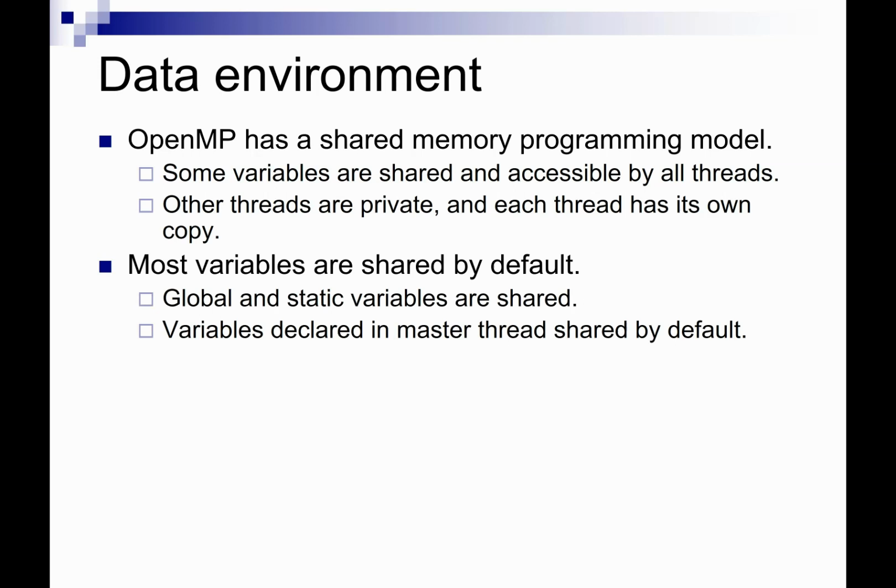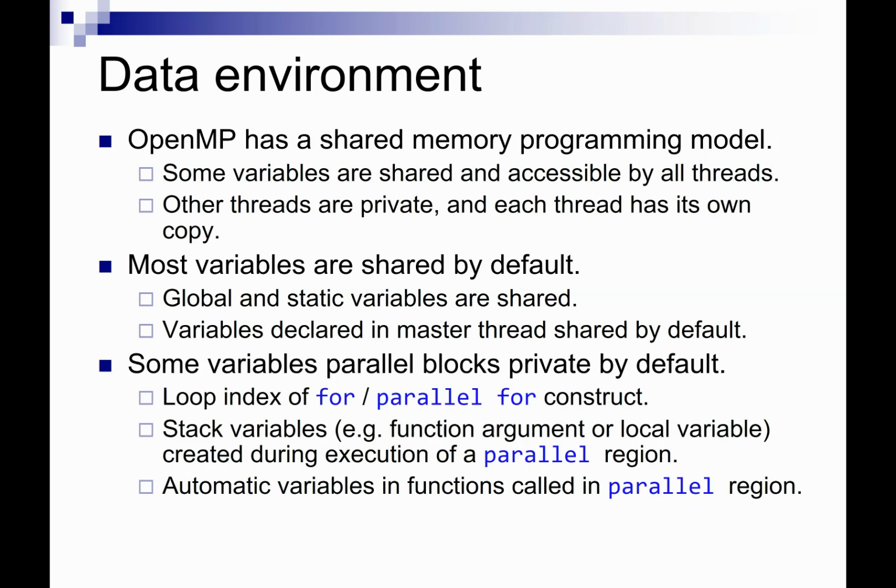Most variables are shared by default. For example, global variables or static variables are shared by default. And also variables that the master thread declares are shared by default. But there are also variables that are private by default. For example, if you have a parallel for, then there's an index variable.